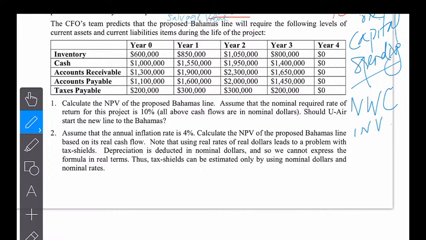You want to compute net working capital investment. So what we're going to do is compile all these numbers and then calculate the NPV.